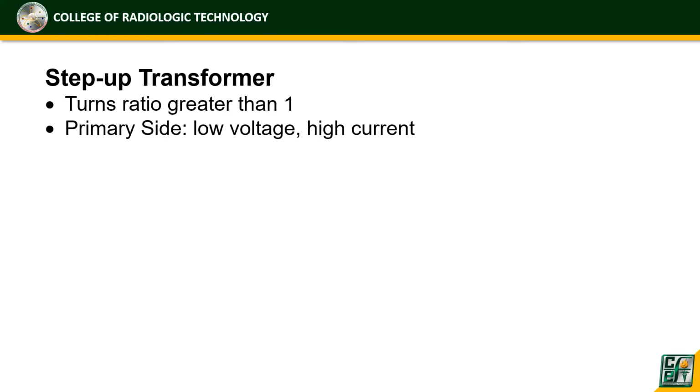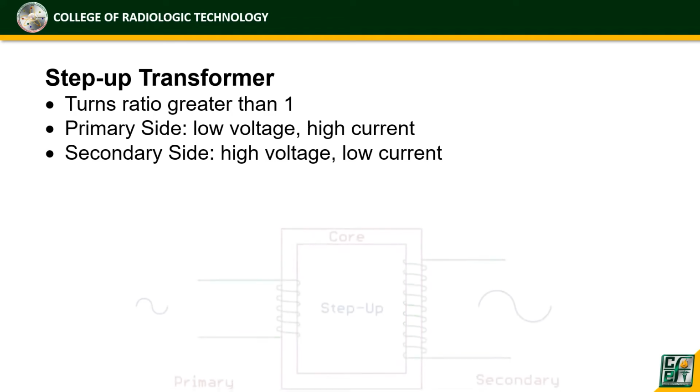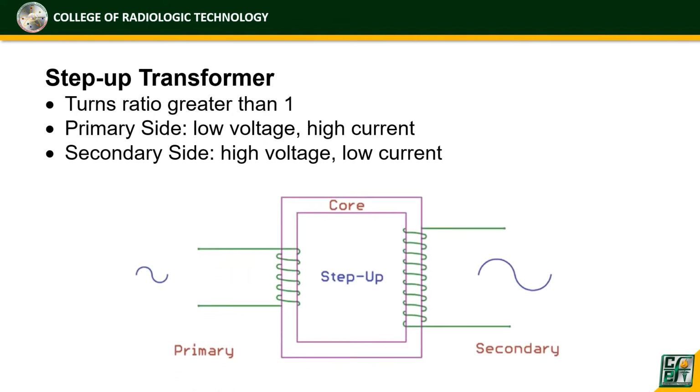And in the primary side of a step-up transformer, there is a low voltage but high current, and in the secondary side, there is high voltage but low current. Okay? Malinaw tayo dyan, ha? So again, the relationship between voltage and current is inversely proportional when it comes to the transformer law.